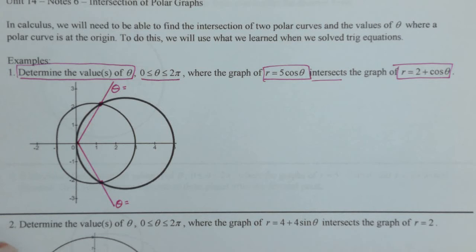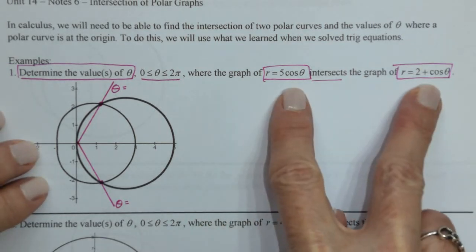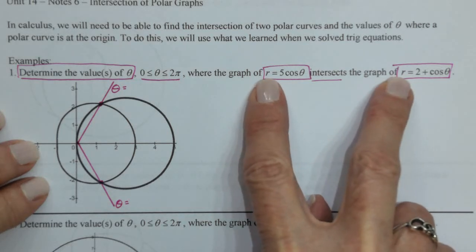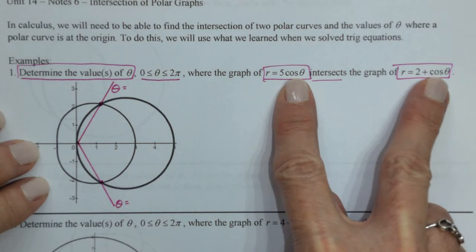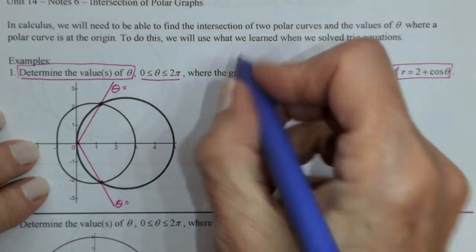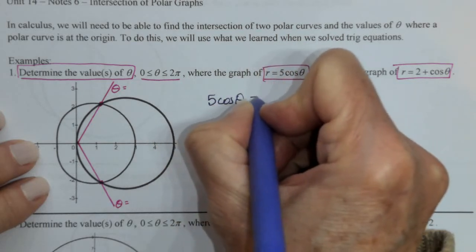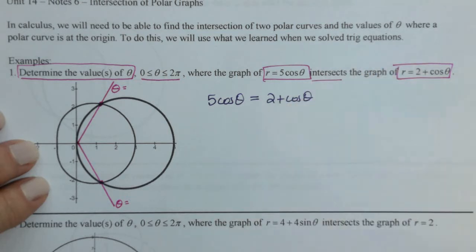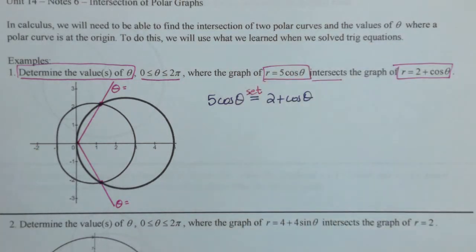Alrighty. So if we're finding where two graphs intersect, we're going to set their two equations equal. They're both r equals, so these two equations will be equal, where 5 cosine theta is equal to 2 plus cosine theta. I like to write the little word "set" up here when I'm setting two things equal for some reason.